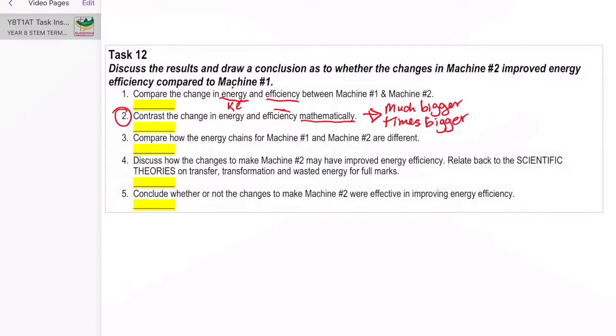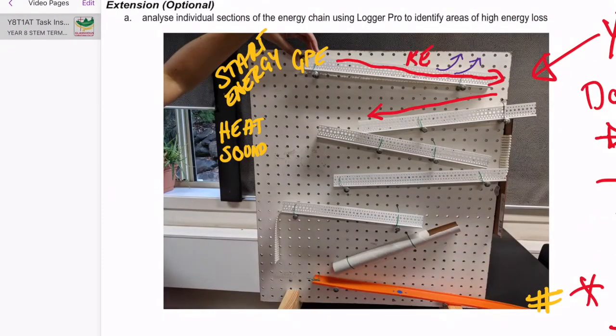Number 3, compare how the energy chains for machine 1 and machine 2 are different. So you had 2 different types of energy chains. Just let me slide up here and I'll show you. Here's a picture of one of our energy chains right here. You have to compare how it's different between machine 2 and machine 1.